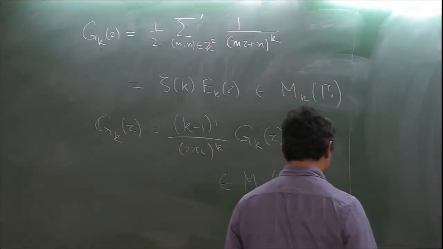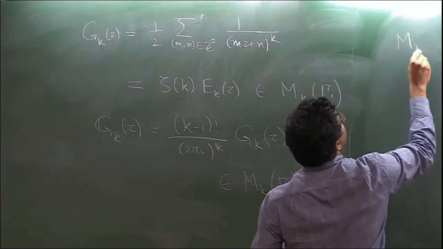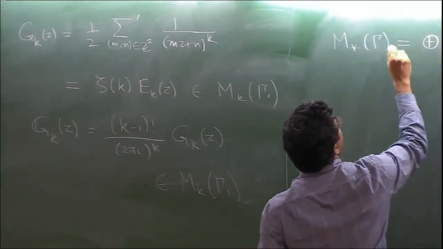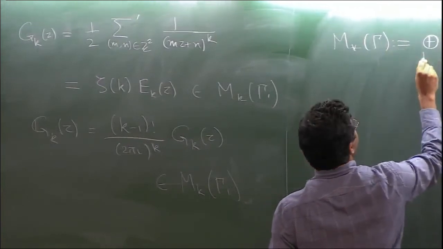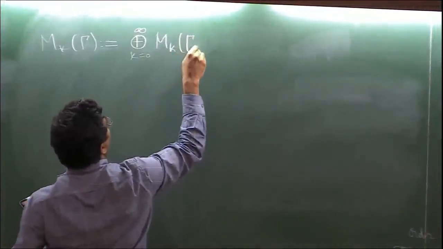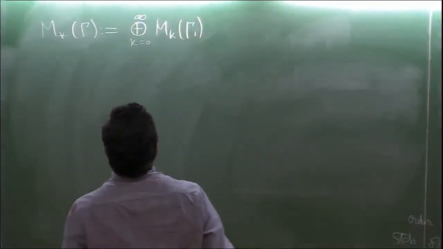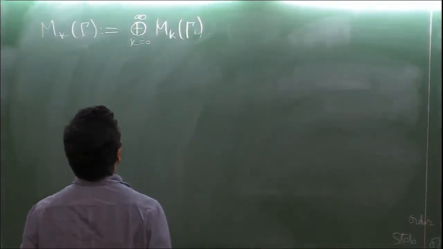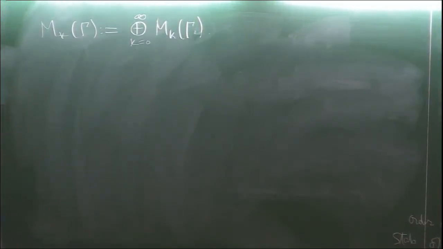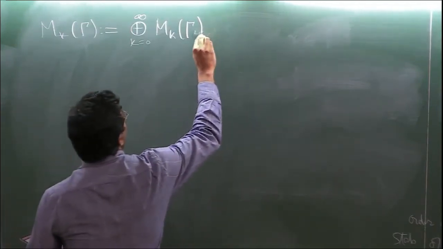Okay, so M star of Gamma, for any congruence subgroup Gamma, is by definition the direct sum of all the modular forms of all weights.